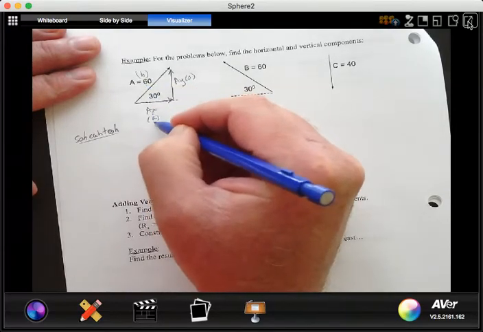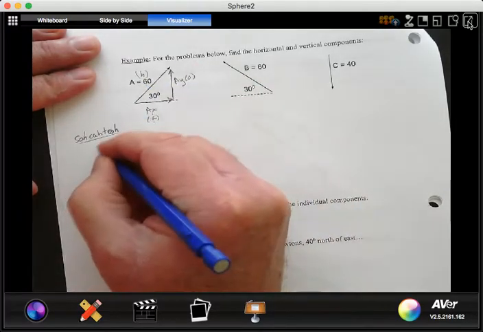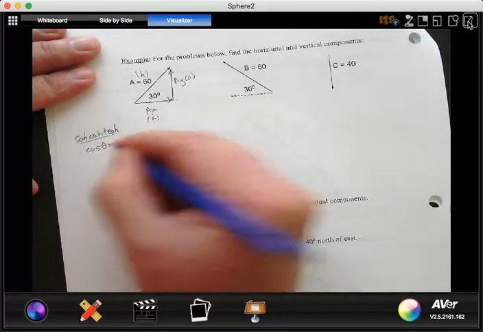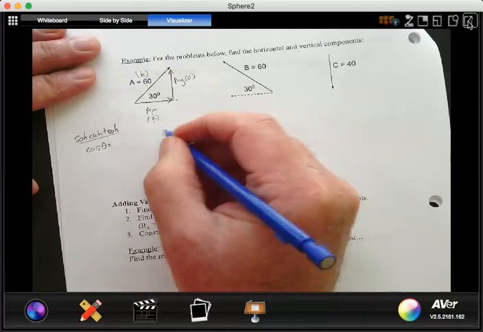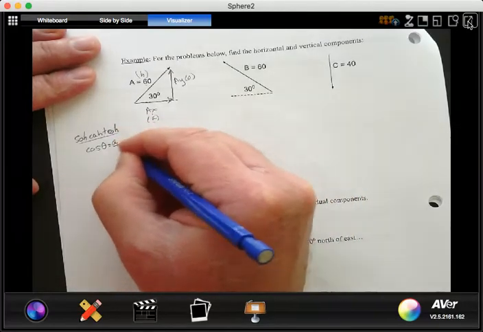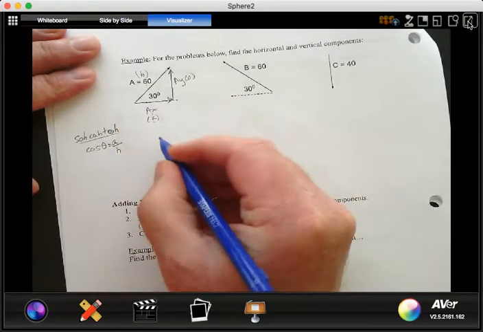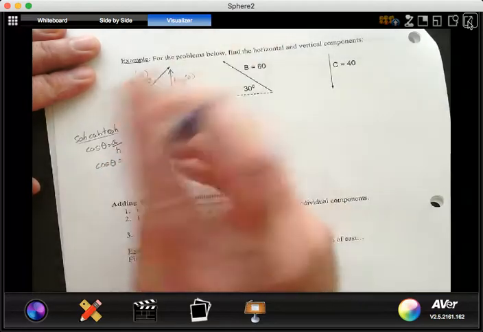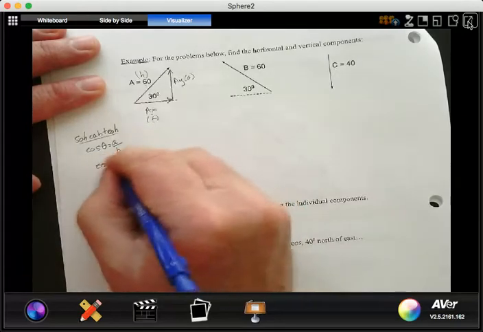So for X, I'm going to use cosine, because cosine is adjacent over hypotenuse. So cosine theta, again, I'm showing all the detail out. This time, I won't continue to do that, and you don't need to show all the detail either, but if it helps you to do so, do so.